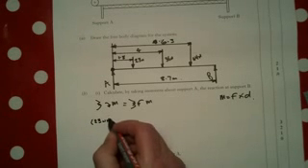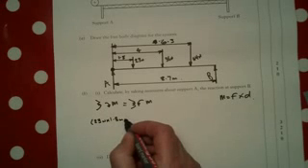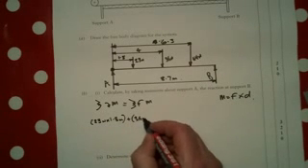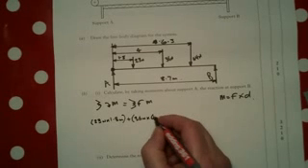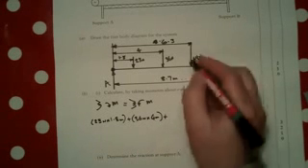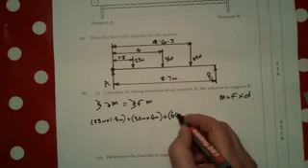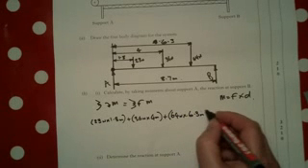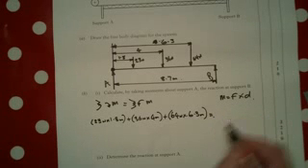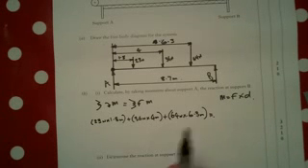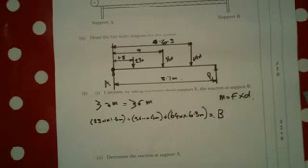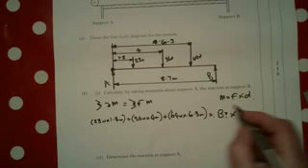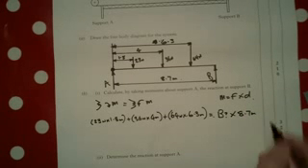23 newtons times 1.8 meters plus 36 newtons times 4 meters plus 64 newtons times 6.3 meters. And that is all equal to the reaction at B multiplied by, which is our unknown force, multiplied by the distance 8.7 meters.